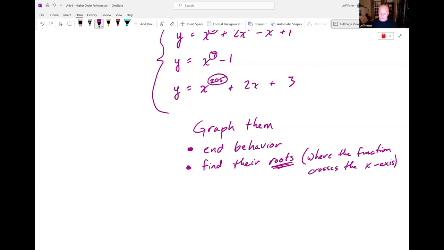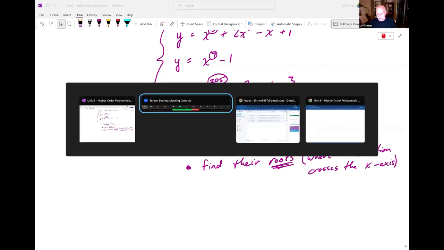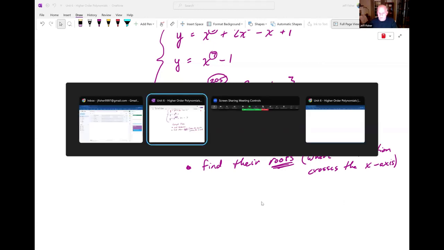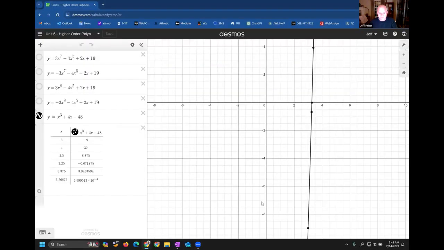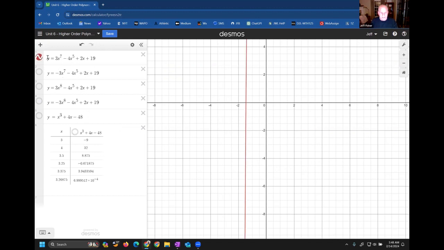So what does a higher order polynomial graph look like? Well, let's take a quick look and see if we can figure one out here. Let's look at this top one here, okay?